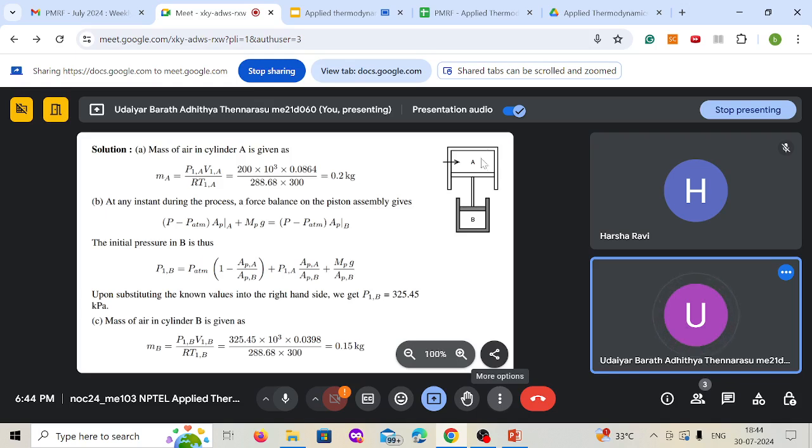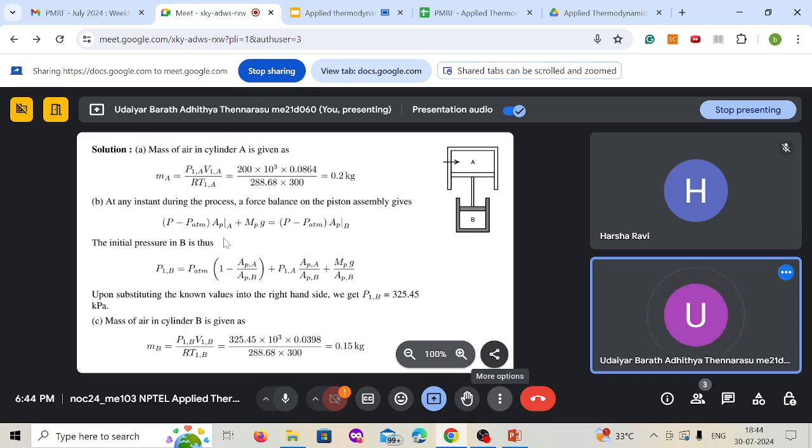If you see, pressure A is acting downwards, and the weight is acting downwards, and atmospheric pressure is acting upwards for cylinder A. On the other side, atmospheric pressure is acting downwards on piston B, and the cylinder B pressure is acting upwards. Taking that sign convention into account, this is the final equation which you will get.